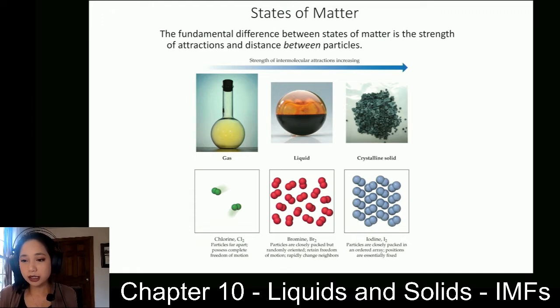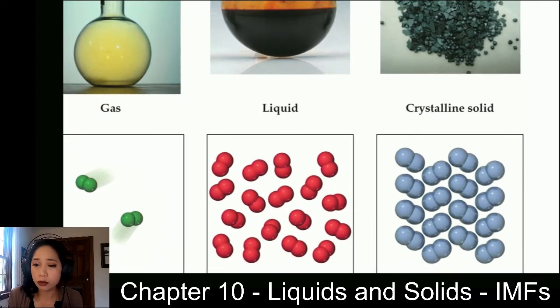Intermolecular forces, kind of like the word international, like between different countries, are forces that occur between different discrete molecules. So what are the attractive or repulsive forces between this molecule and this other molecule? Thinking like a different country: international, intermolecular forces, forces between molecules.